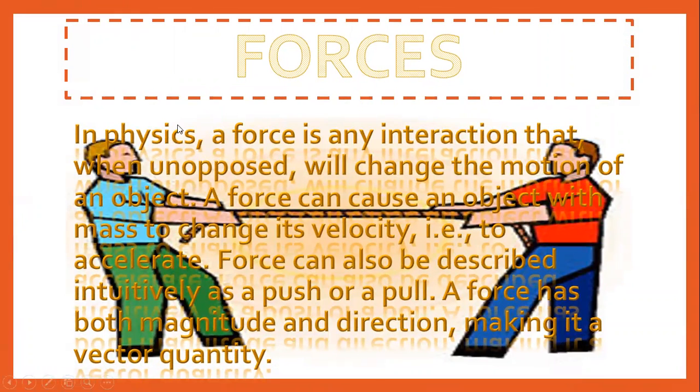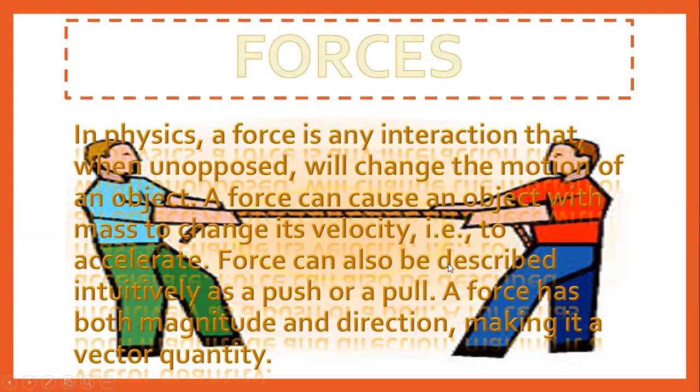In physics, a force is any interaction that, when unopposed, will change the motion of an object. A force can cause an object with mass to change its velocity, that is, to accelerate.